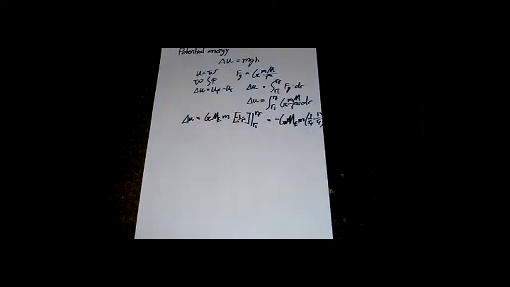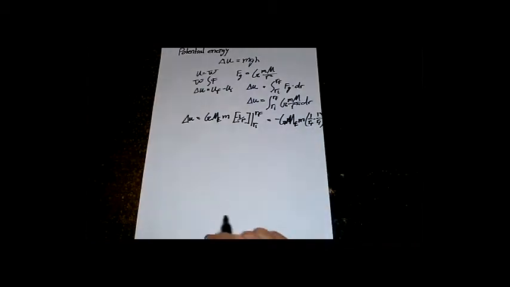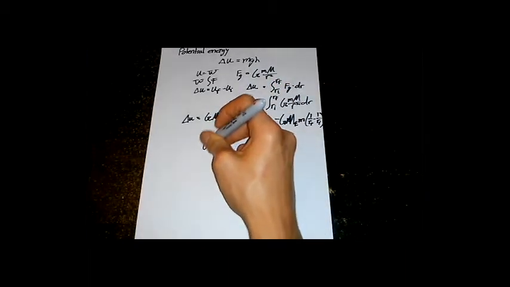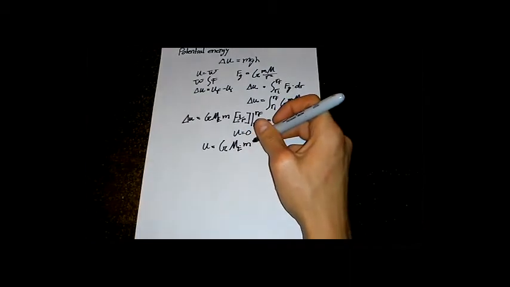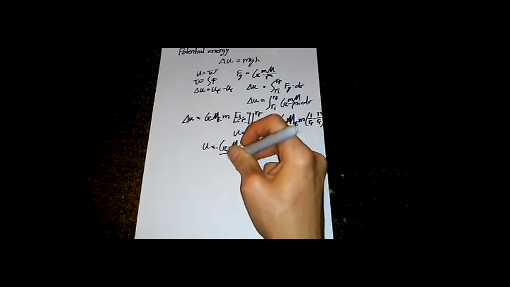So that is our equation for delta U, but we want the total potential energy of an object outside of the Earth. So we're going to go ahead and set our reference point from U is equal to 0. So this simplifies to U is equal to, actually this is a negative, big G, mass of the Earth, times little m, over r.